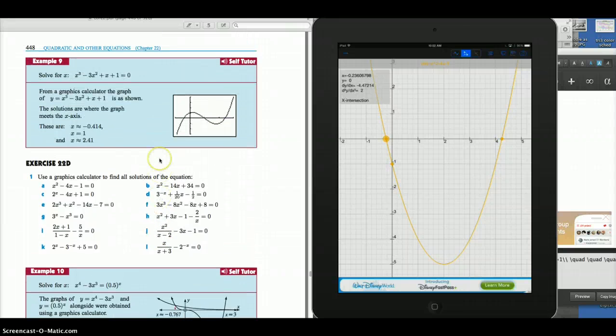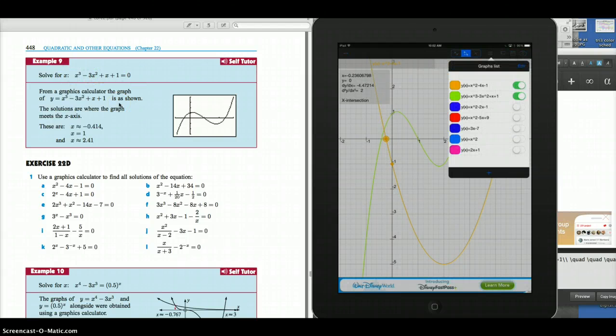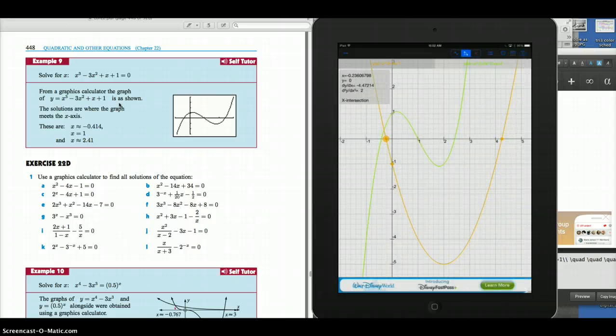Now, if I put in an equation that actually has a cube on it, like this one, I have that one here too. I want you to notice something. When it's squared, we have 2 solutions, and when it's cubed, we have 3 solutions. See these 3 solutions? But I want you to notice the notation that the book is using here.